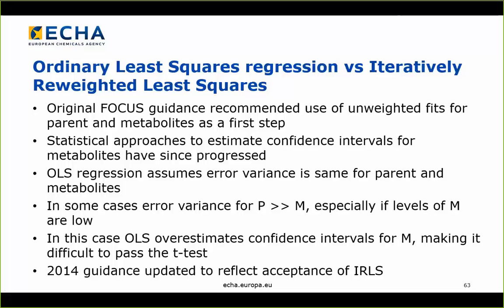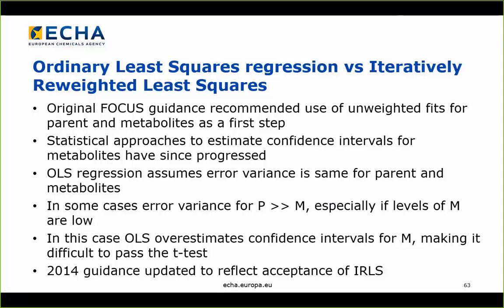The original FOCUS guidance recommends use of unweighted fits for parent and metabolite as a first step. OLS regression assumes that the error variance for the parent and metabolites is the same. However, we know that in some instances, especially when the concentrations of metabolites are sufficiently lower, the error associated with the parent and the metabolite is different.